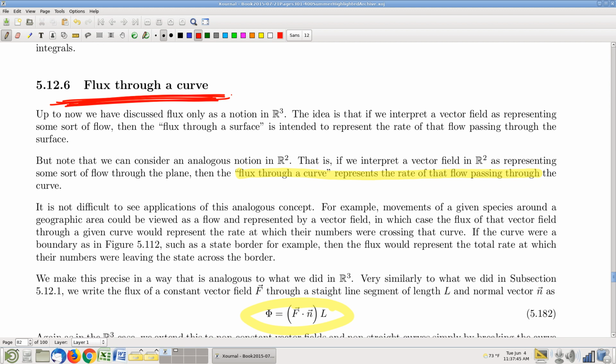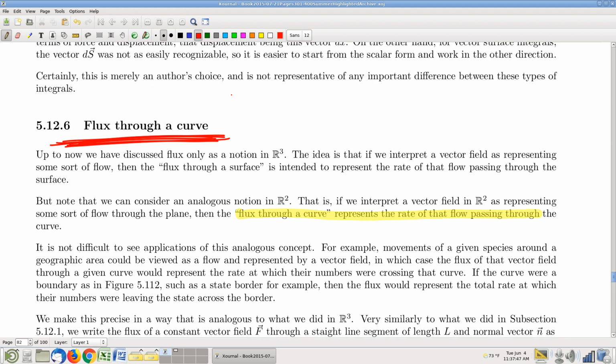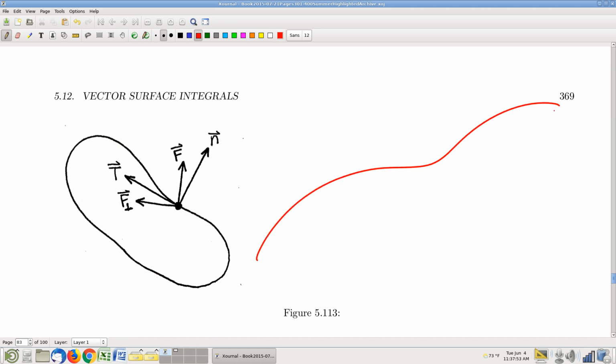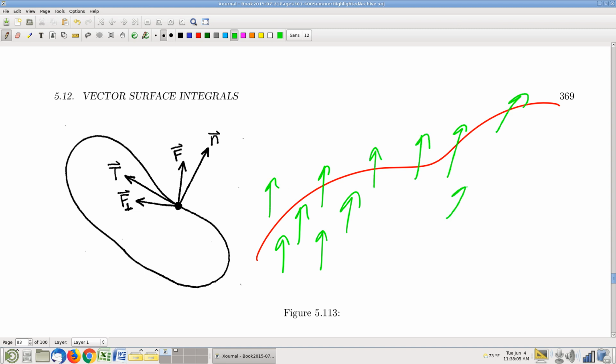Drop it down 1 dimension and you can talk about a curve in 2 dimensions. You could talk about a fluid flowing in 2 dimensions, and you could reasonably ask how much fluid is flowing through that curve. Right? It's the same idea, 1 dimension lower.